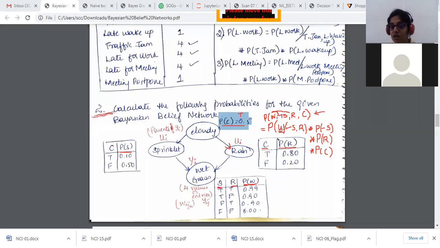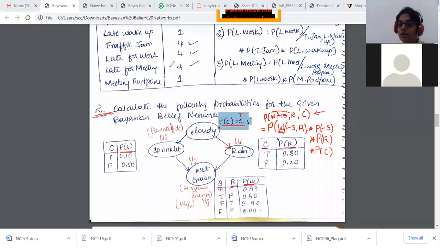So it's going to be taken as P of W given sprinkler and rain, and P of S, P of R, and P of C. You can ask me a question, ma'am, rain is again dependent on the cloudy, but here we are only considering two parent node options. In the previous example also we identified the inference with two parent nodes.